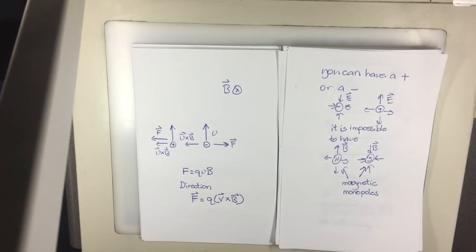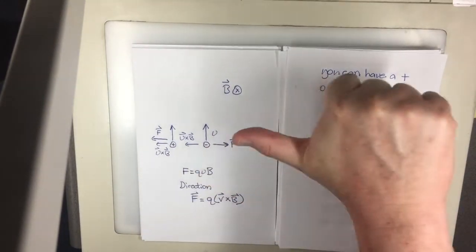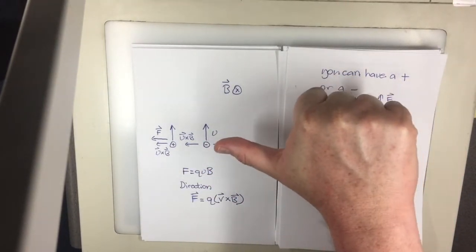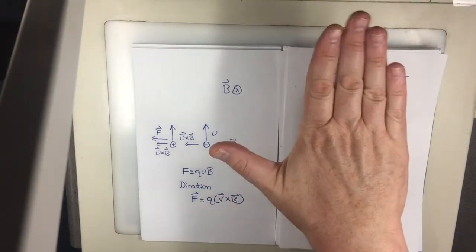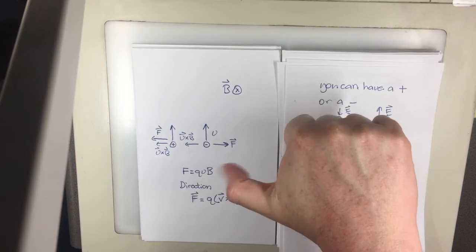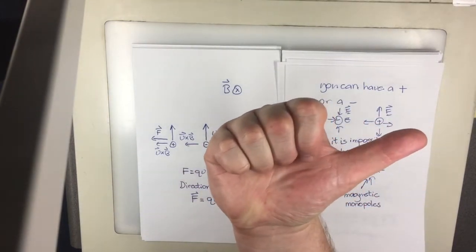So in the case of the proton, or positive charge, V cross B is to the left, therefore force is to the left. In the case of a negative particle, V cross B is to the left, but it's a negative particle, so you flip it over to the right.